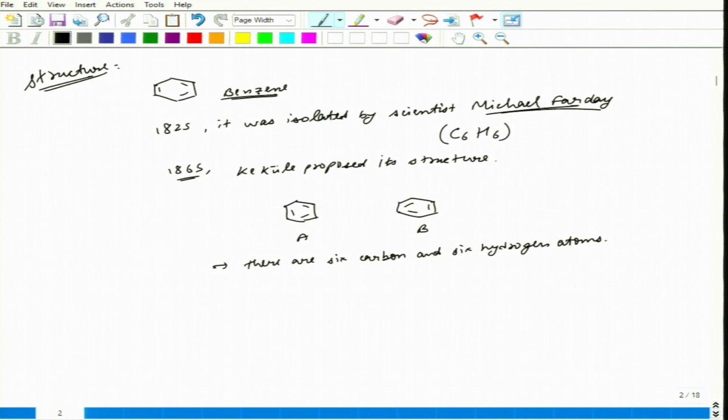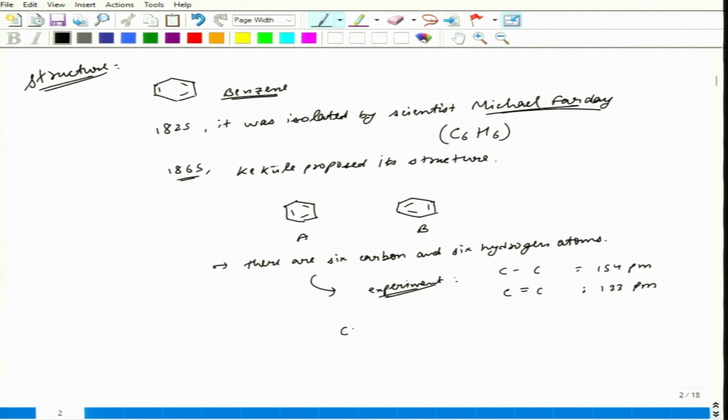But when we did some experiments, what we observed is that we know the C single bond C length is around 154 picometer, and the C double bond C bond length is around 133 picometer.